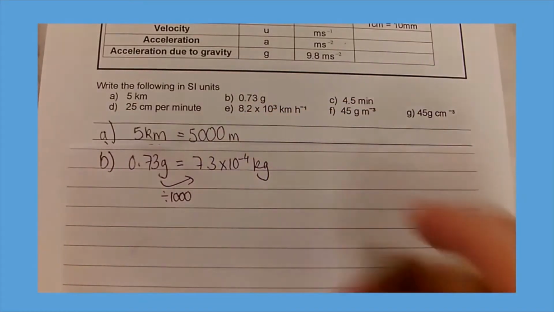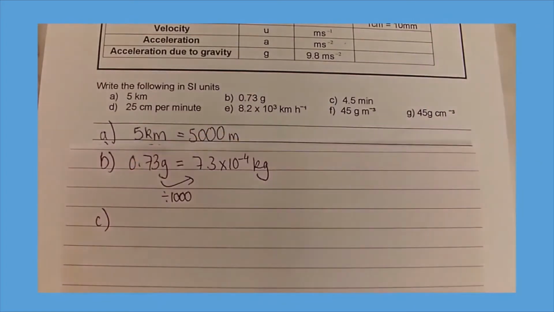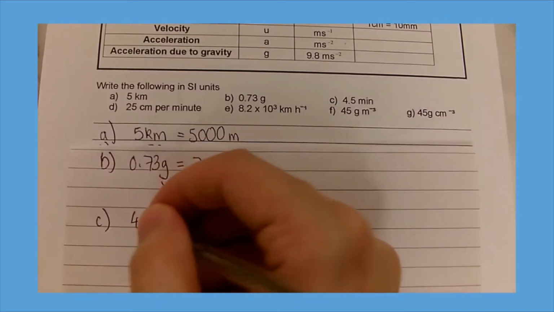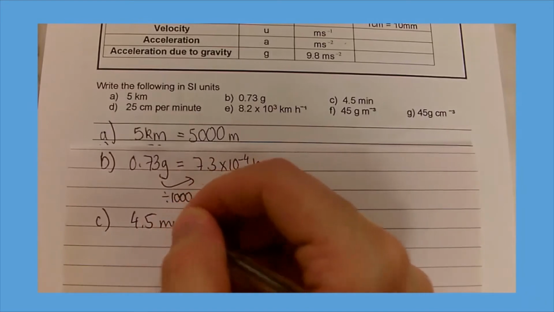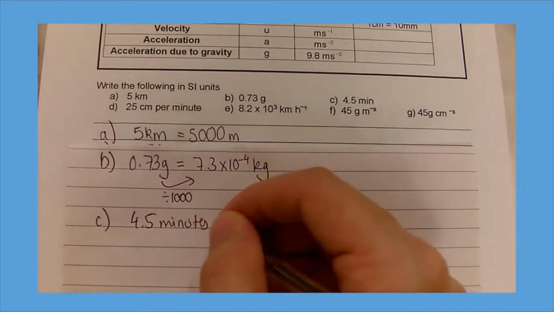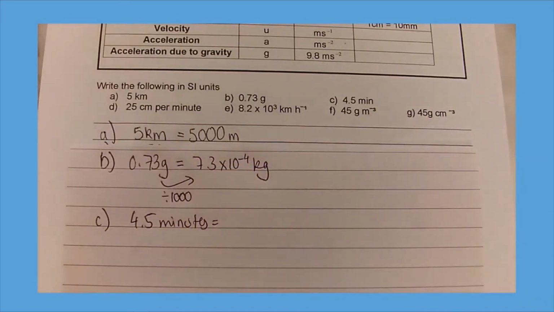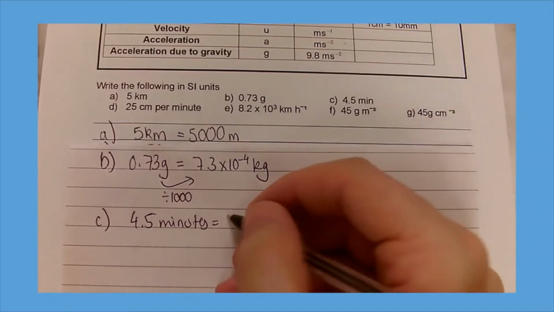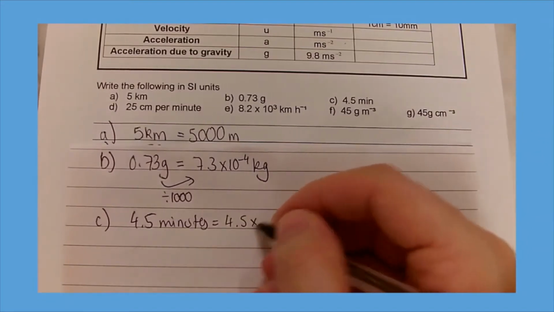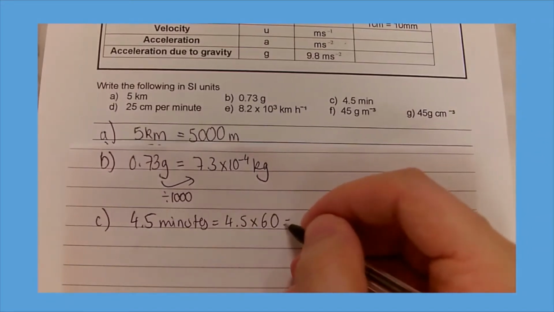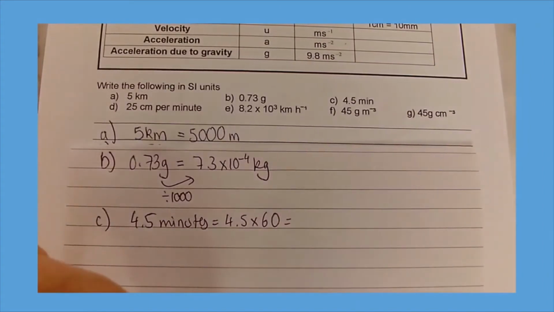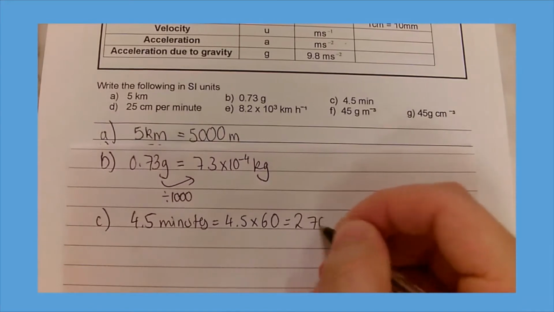Okay, part C, 4.5 minutes. Now we know that's to do with time, but the standard unit for time is not minutes, it's seconds, so we need to do 4.5 times 60 seconds, and when you do that you get 270 seconds.